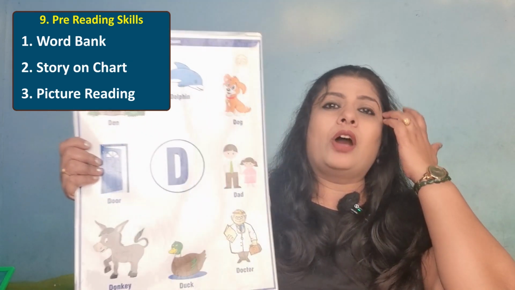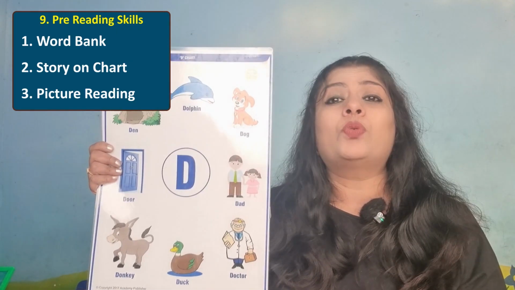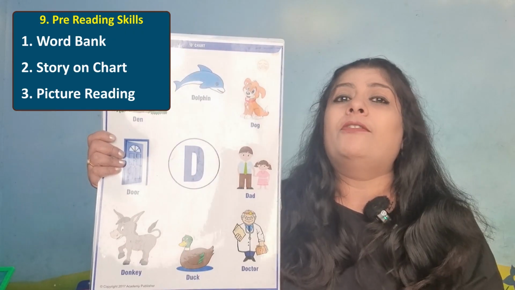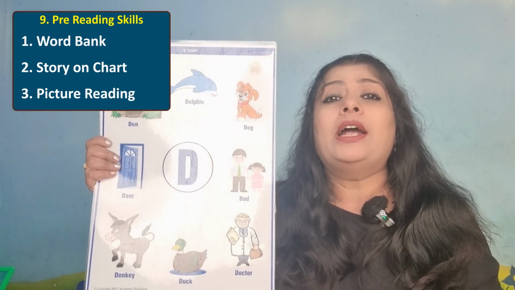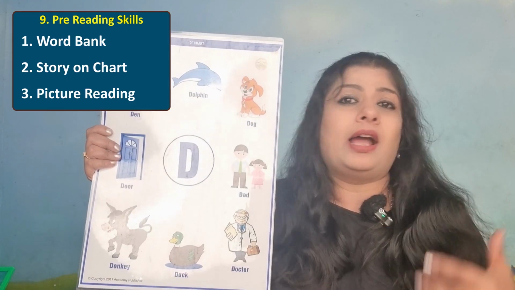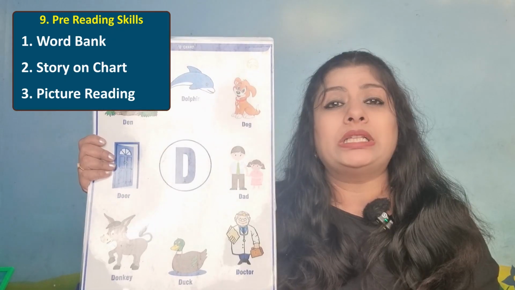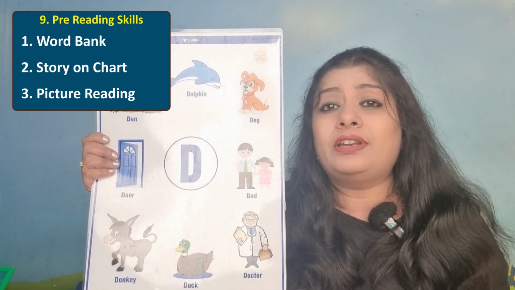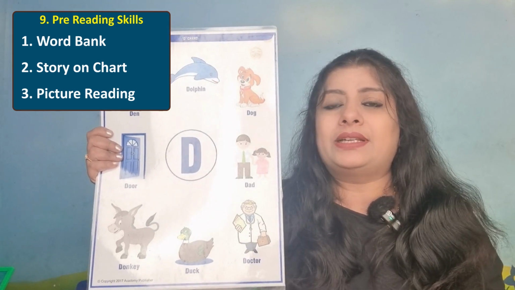So children will now come, identify the words, enhancing their vocabulary, and also try to make one sentence. For example, dog. If the child chooses to speak about dog: I have a pet dog, I love my pet dog. Or if it is a dolphin: I've seen a dolphin on television. So like this, children can make very simple sentences.